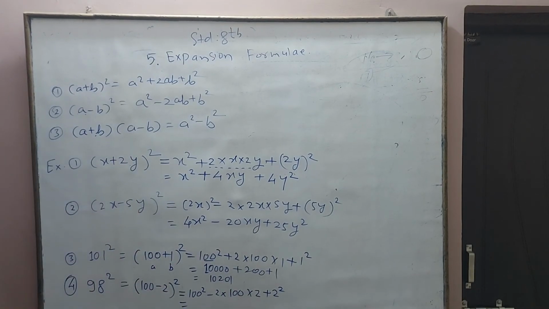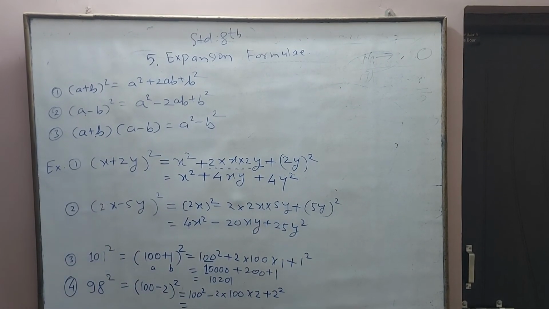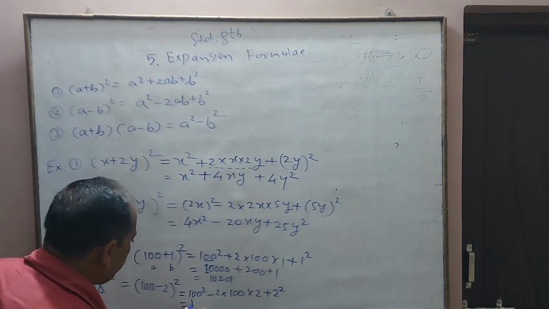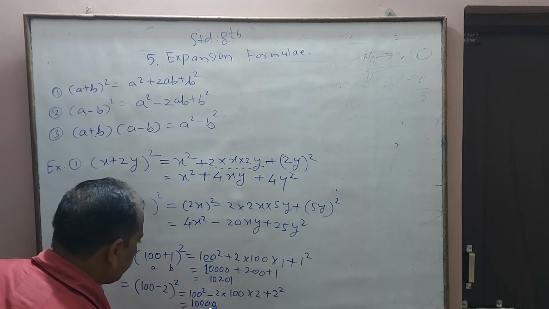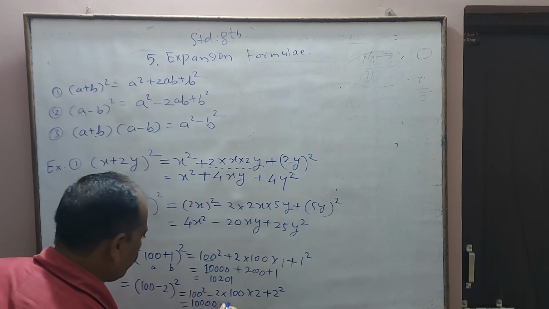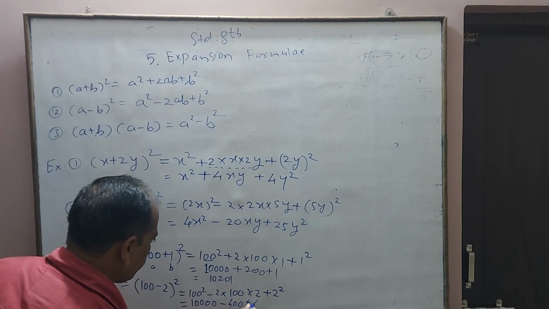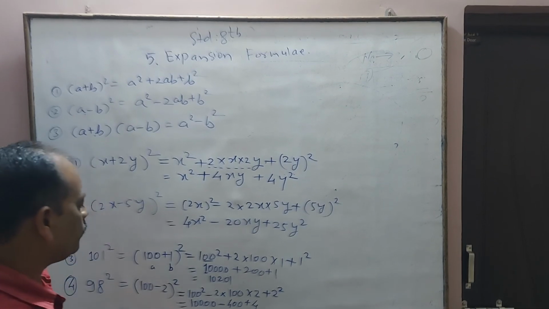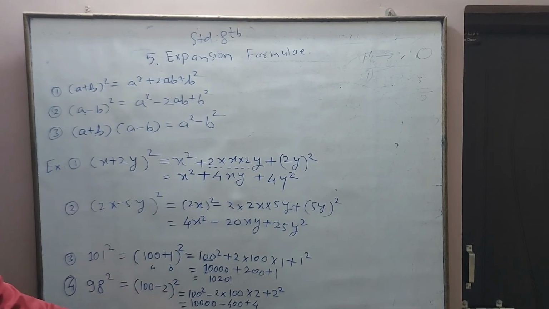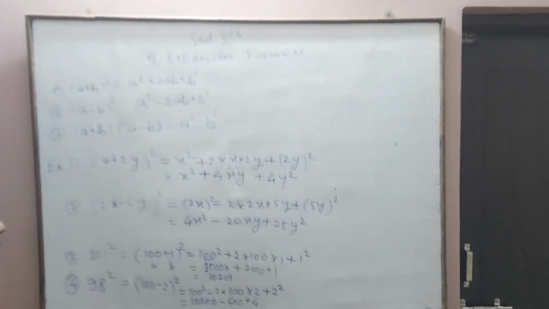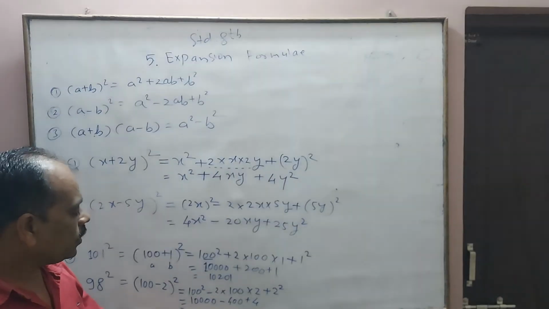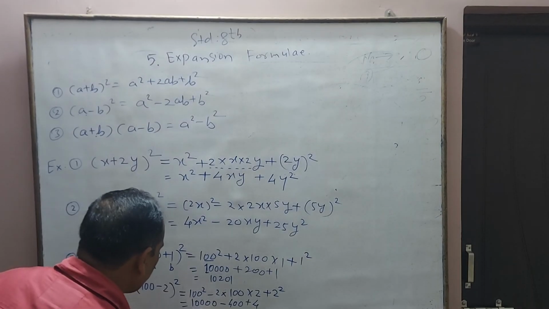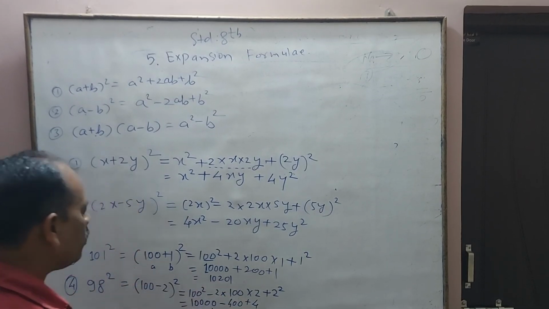So we write here 100 square will be 10,000, minus 2 into 2 is 4, 4 into 100 is 400, plus 4. Now 10,000 minus 400 is 9,600 and this is 4, so 9,604, that will be our final answer.